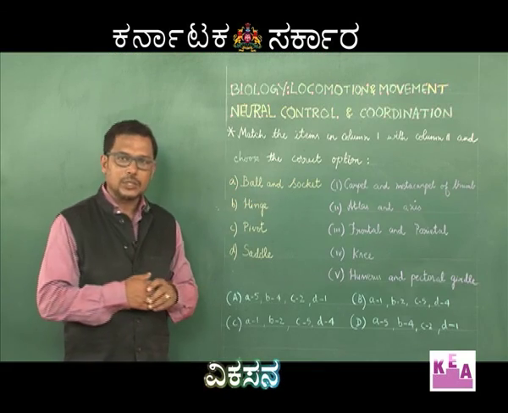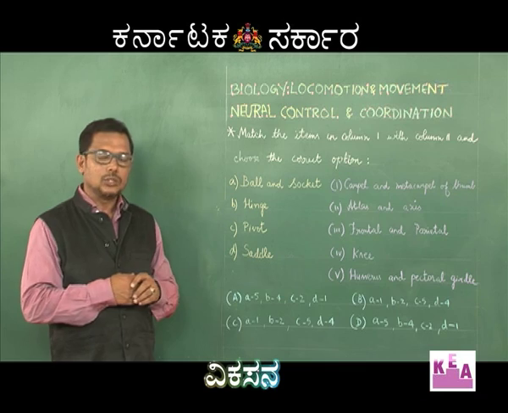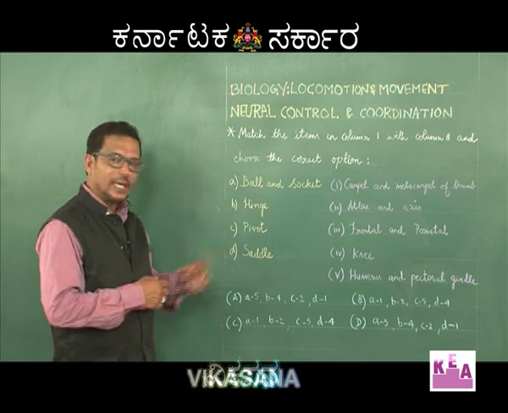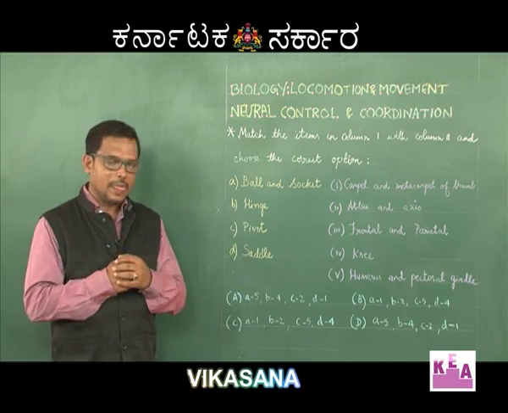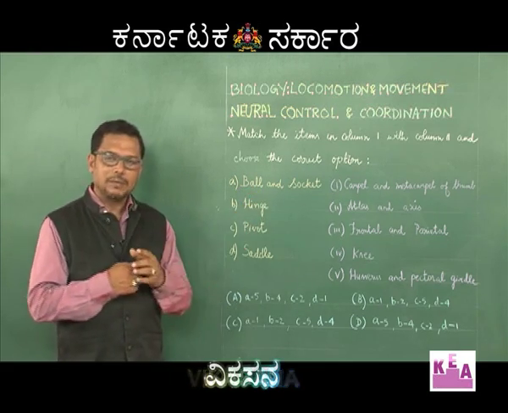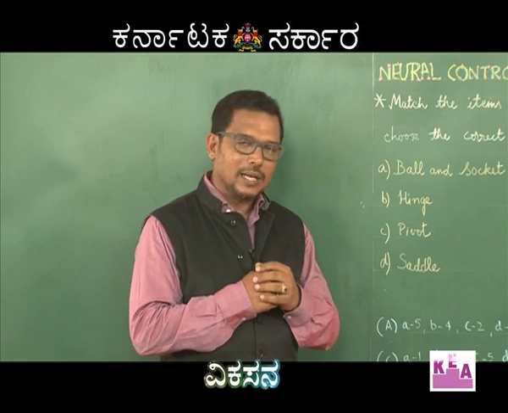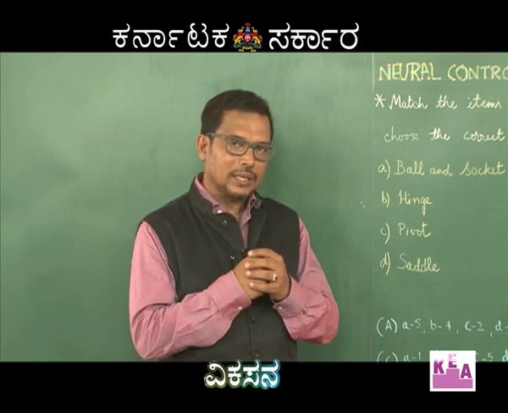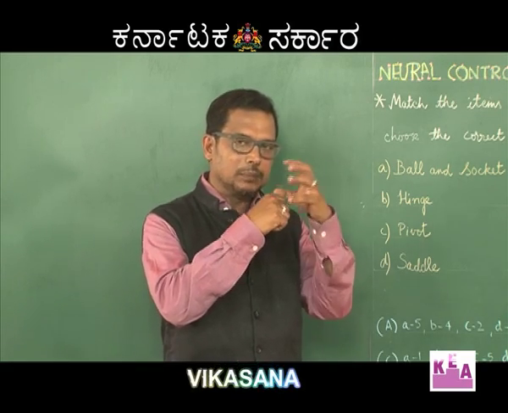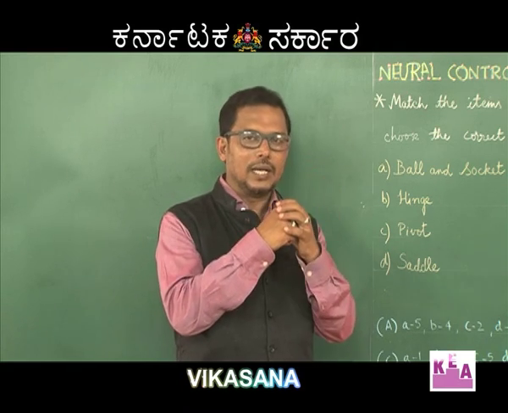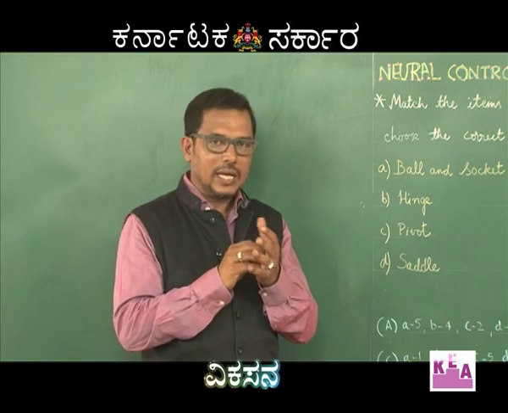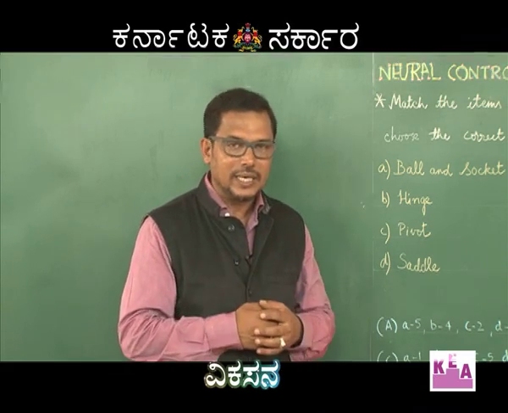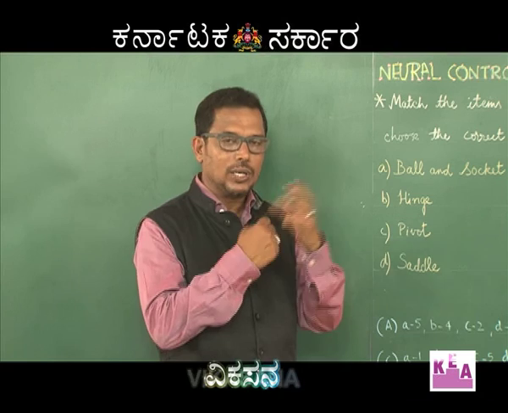Ball and socket joint is also called a synovial joint, because there is a cavity called the synovial cavity in which synovial fluid is present, and this joint is present between the femur and pelvic girdle. The ball of the femur is attached to the socket of the pelvic girdle, and the synovial fluid cavity lubricates and facilitates easy movement of the ball in the socket.